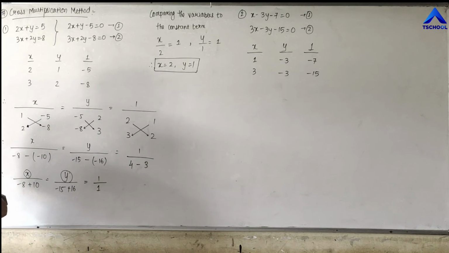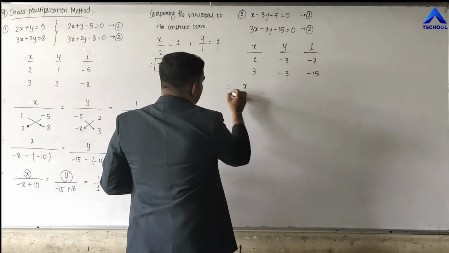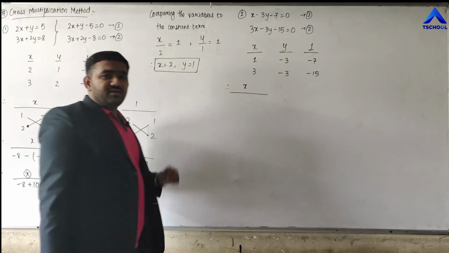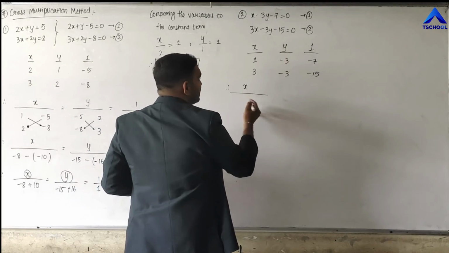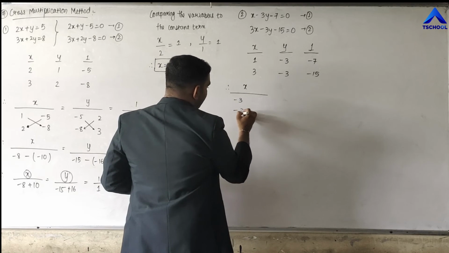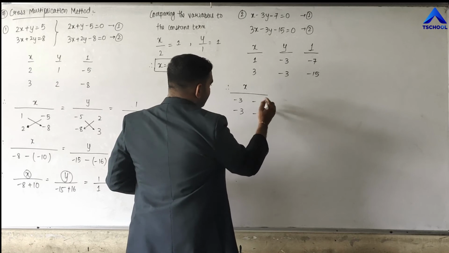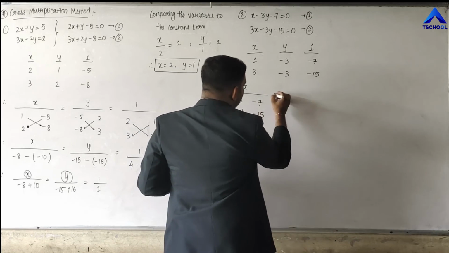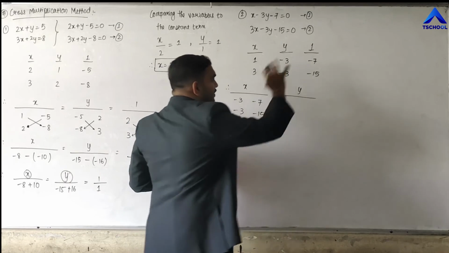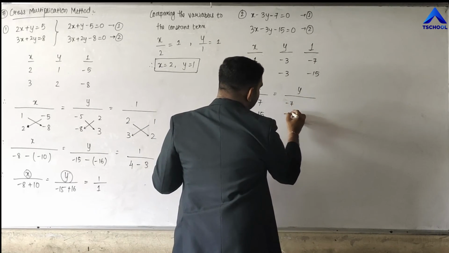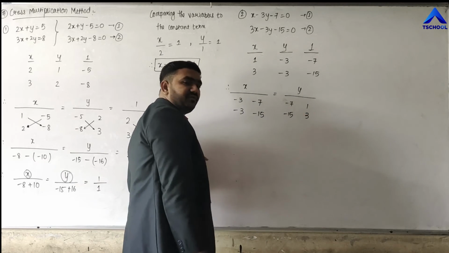Note that now we just need to cross multiply them. Therefore x upon, what shall be done here? Under the variable x, we are not going to write the coefficients of x, that is, we write minus 3, minus 7 and minus 3, minus 15, equals y upon, where we are not going to write the coefficients of y. First we shall write the constant terms and then the coefficients of x.